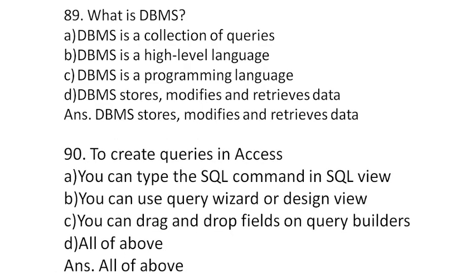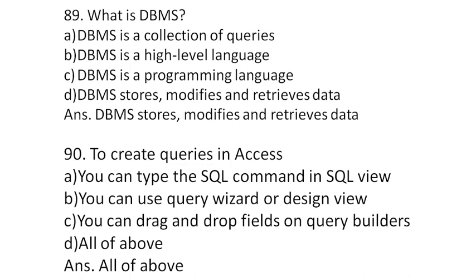Next, to create queries in Access, the answer is all of above: option A, you can type the SQL command in SQL view; option B, you can use query wizard or design view; and option C, you can drag and drop fields on query builders.